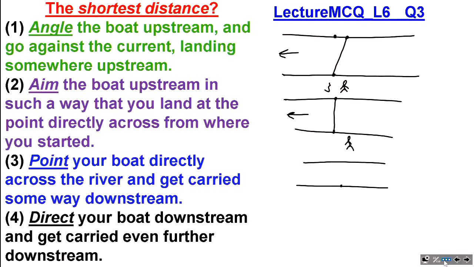So this is something like this. And the last situation, you start here and you drag down even more. And if you look at these four pictures, which picture represents a situation when you travel the shortest distance? Which picture represents the case of the shortest distance?